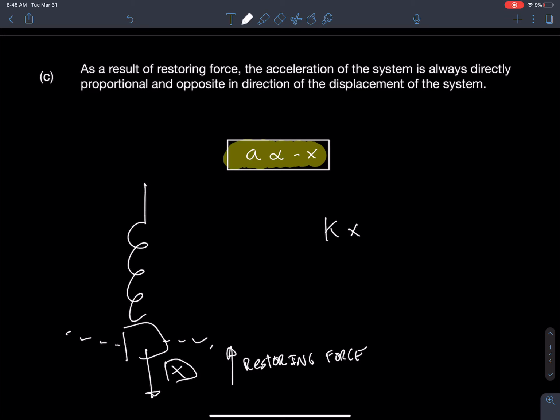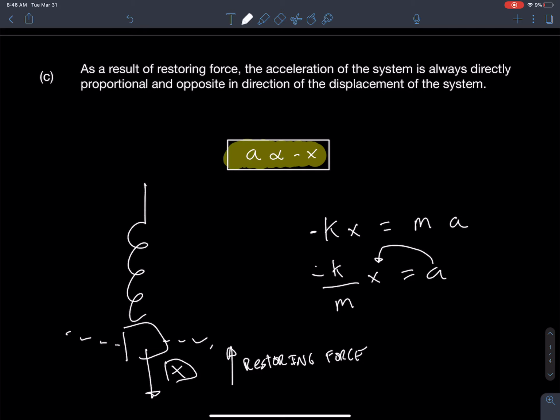And that's my restoring force. And then that's going to cause the object to accelerate in the opposite direction. But my restoring force is negative kx. So I can even just see right now, if I move m to this side and I'm left with that, now I can see that my acceleration is directly proportional to the displacement, but with that negative sign, it's the negative of the displacement.